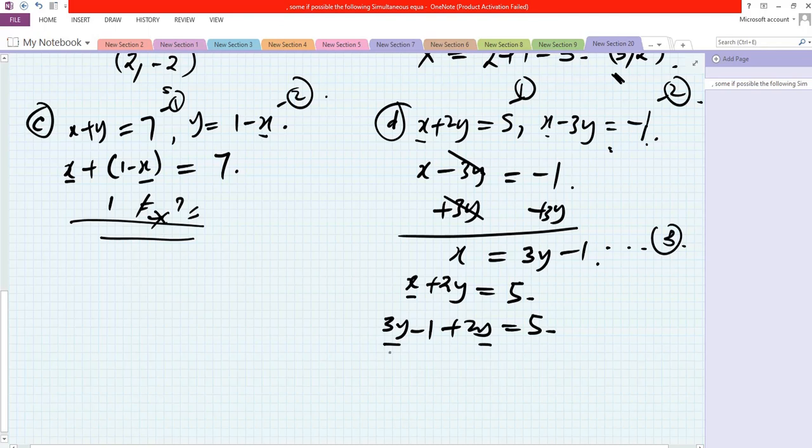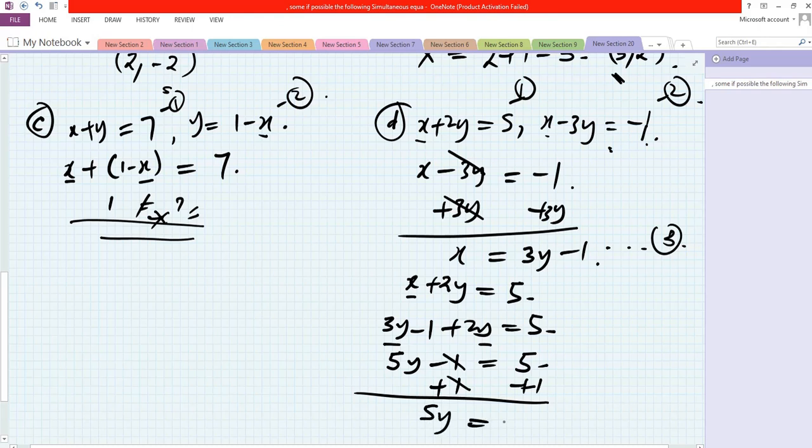This is 3y plus 2y, so you have 5y minus 1 equal to 5. So adding 1 to both sides, this will cancel out this. You have 5y equal to 6. So it implies that y is equal to 6 over 5.